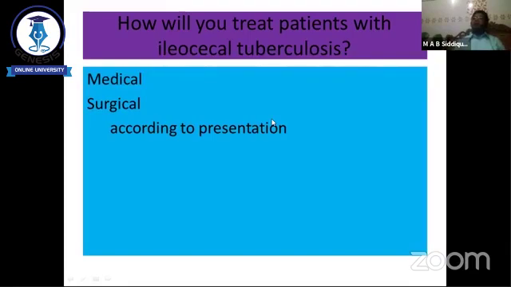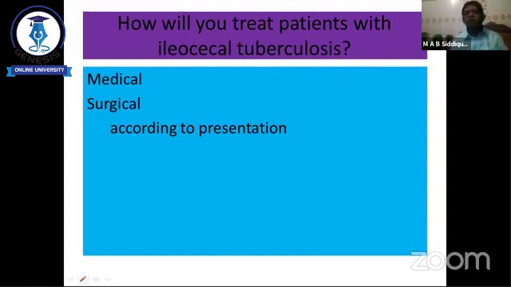If the patient presents with intestinal obstruction features like pain, vomiting, distension, constipation, in this case we need surgery, and the surgery is limited right hemicolectomy, as it is not malignancy.